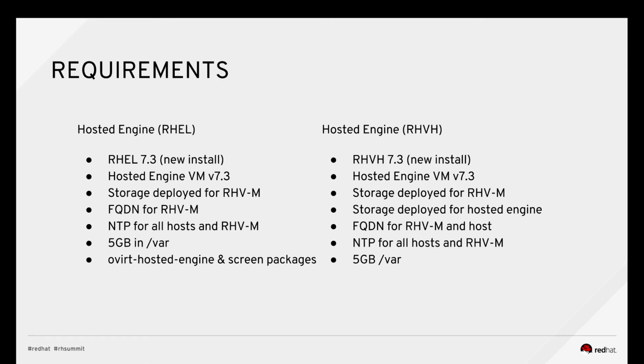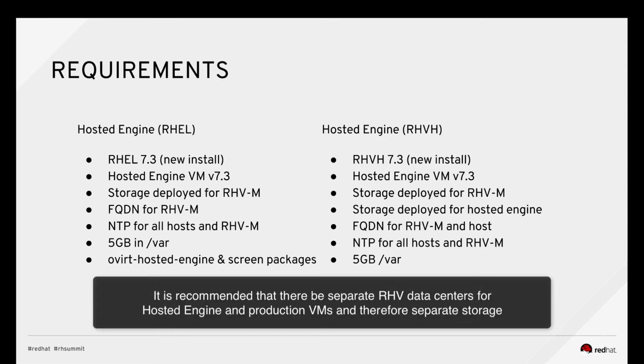For the Red Hat Virtualization host based deployment, again, you need a Red Hat Virtualization host 7.3 new install ready to go. You need that 7.3 version appliance. You need storage deployed not only for RHV-M, but you need a separate storage deployed for the hosted engine.